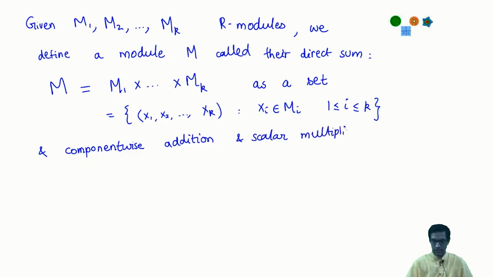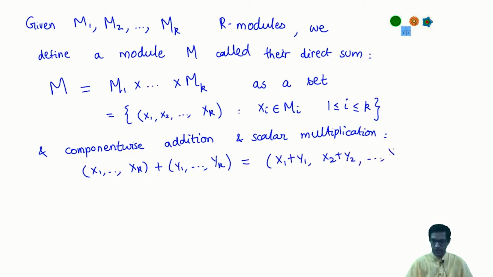So what this means is, when you want to add x1 through xk with y1 through yk, just add each component: x1 plus y1, up to xk plus yk.